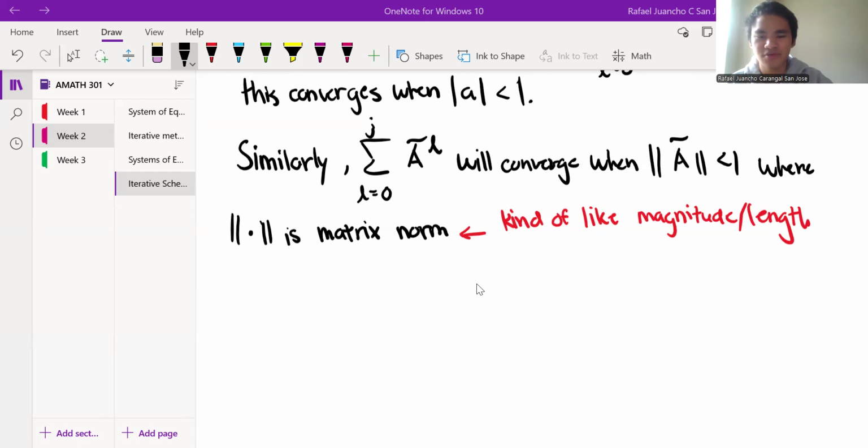Let me just go through two more things. We did talk about how iterative schemes will converge if A is diagonally dominant. So here's the thing: this will not always converge, but we can think of other schemes.